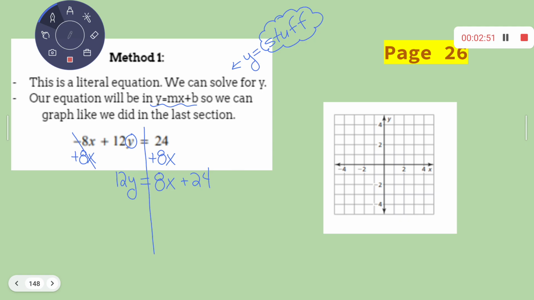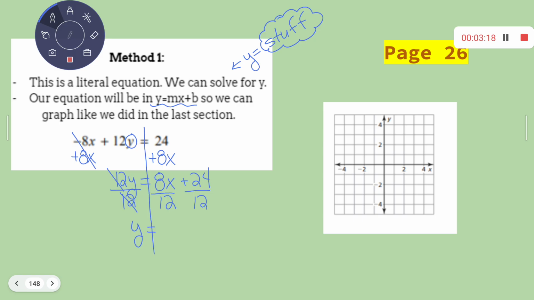We're used to seeing the slope first, then the x, then the y-intercept. So I recommend you do the same. Write that 8x first. Okay, now to get y by itself, I need to undo that multiplication. I need to divide every part of the equation by 12. 3 parts. 12 divided by 12 is 1, so I have 1y. There we go, y by itself.